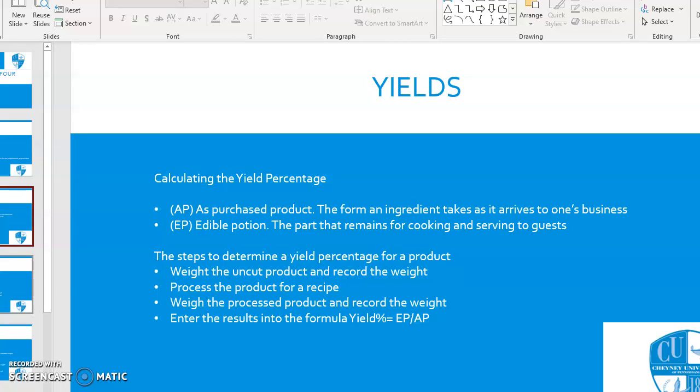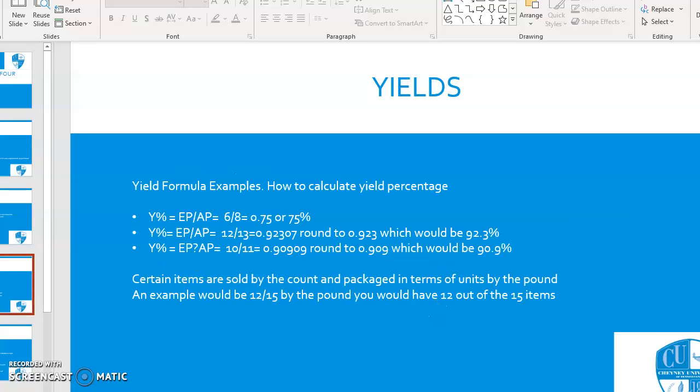So again, looking at yielding, the steps to determine that, begin to look into this. You look into yield percentage when it comes to weights, processes. Also, what you're doing is you're weighing the processed product and you're recording the weight, and then you're entering the results into a formula type form.